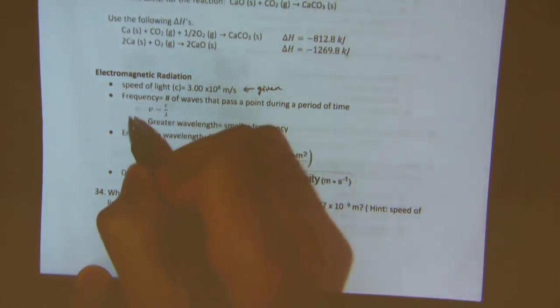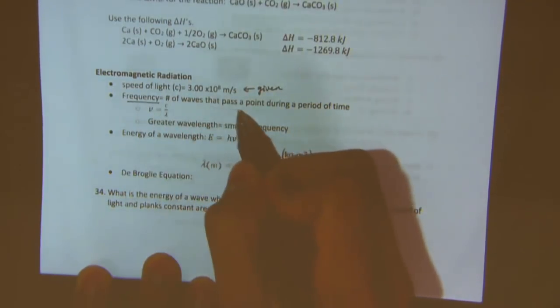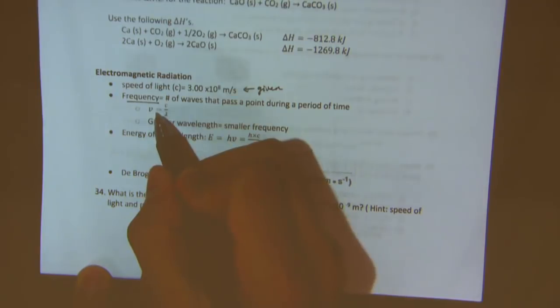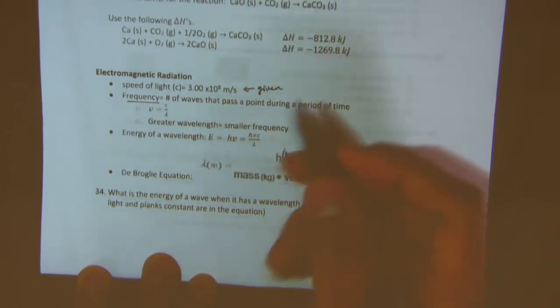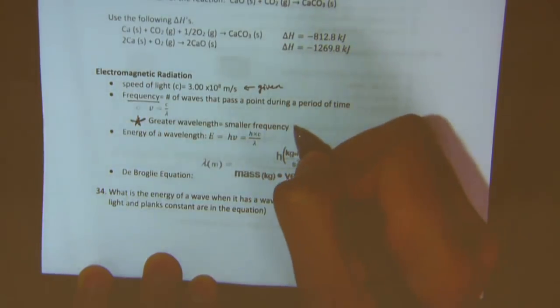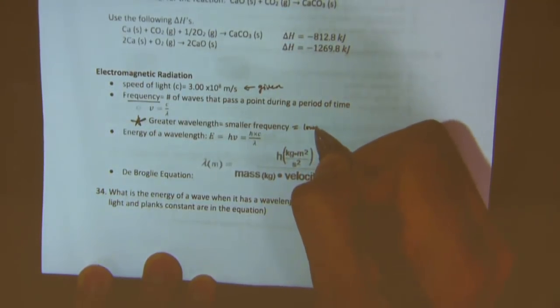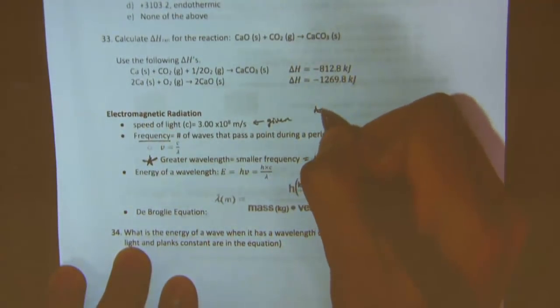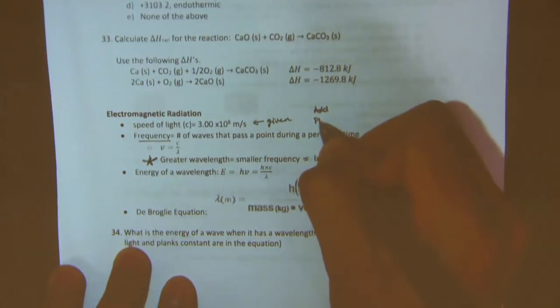So we have the equation for frequency, which is the number of waves that pass a point during a given time. So we have nu equals speed of light over lambda. And we know that when we have a greater wavelength, we have a smaller frequency. And that also means a lower energy wave. Something that I wanted to add that I forgot to was Planck's constant.